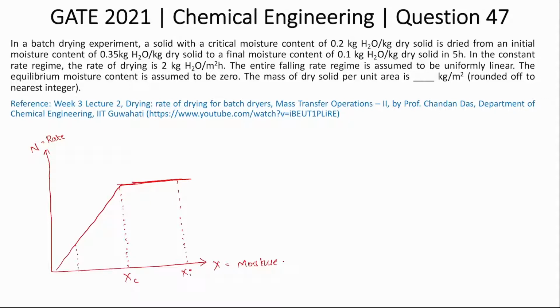We have the initial, critical and final moisture contents as xi, xc and xf respectively. It is given that xi is 0.35, xc is 0.2 and xf is 0.1. All the moisture contents are on dry basis.